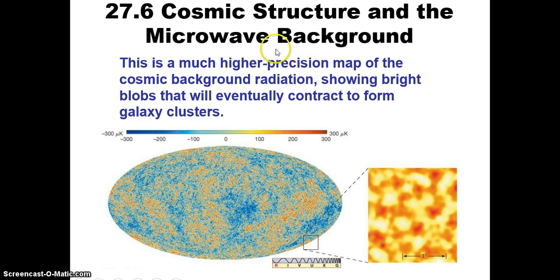This was called WMAP, and WMAP gave us a much more detailed view of the cosmic background radiation. The red is really the hotter regions. The blue are where the voids are going to form. So remember, this is the cosmic background radiation as seen roughly 400,000 years after the Big Bang.